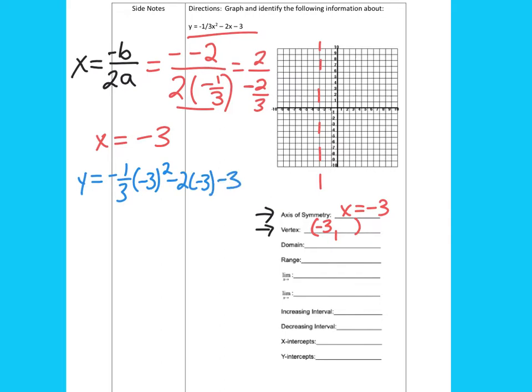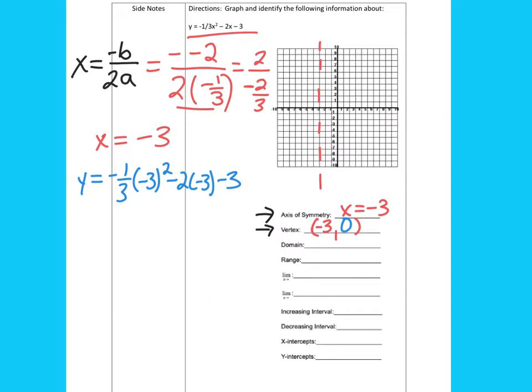And my calculator will do that whole thing, okay? So type that in and see what you get for y. What you got? 0.